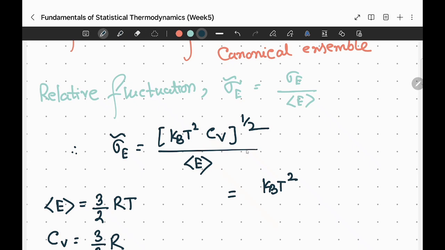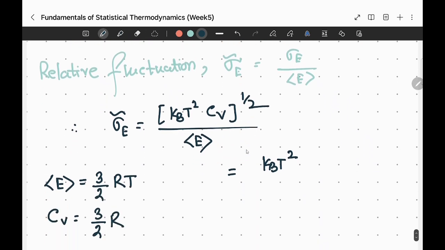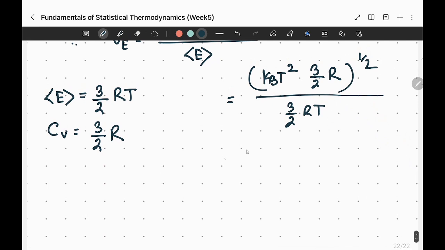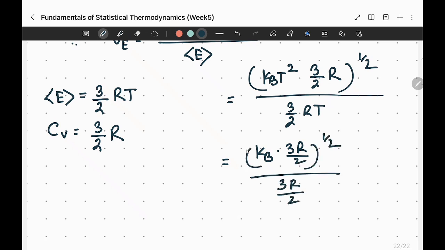So it will be kB T squared times (3/2 R) to the power half, divided by E average. What is E average? 3/2 RT. So it is kB times (3R/2) to the power half, divided by 3R/2.